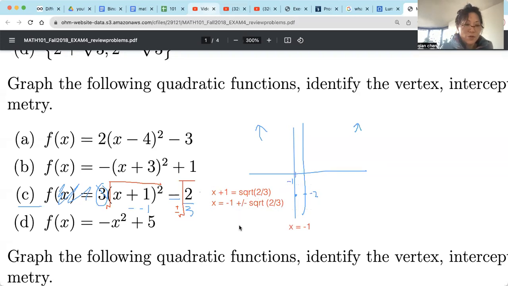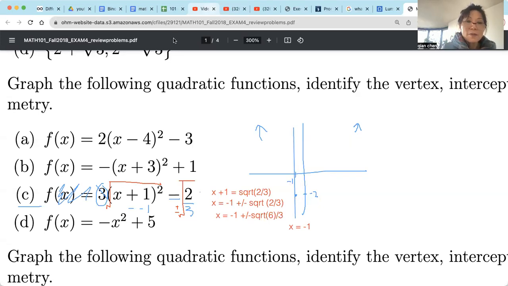So that's our two solutions. If we want to rationalize our denominator, we multiply square root 3 in the numerator and in the denominator. We write x equals -1 plus or minus square root of 6 divided by 3. So now our denominator is 3, not square root of 3.